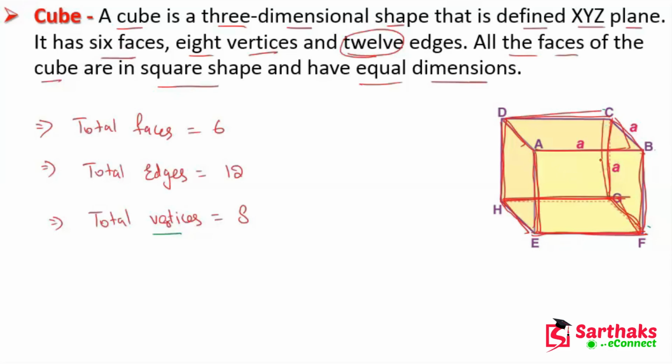Here you can see all the faces of the cube are square in shape. It means all the sides of the cube are equal. If AB is equal to A, then we can say that all the sides of the cube are of A unit. I hope you understand these things, my dear friends.